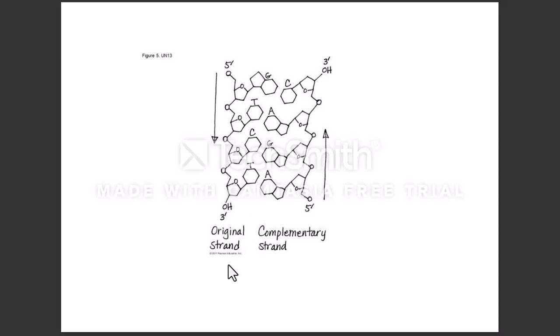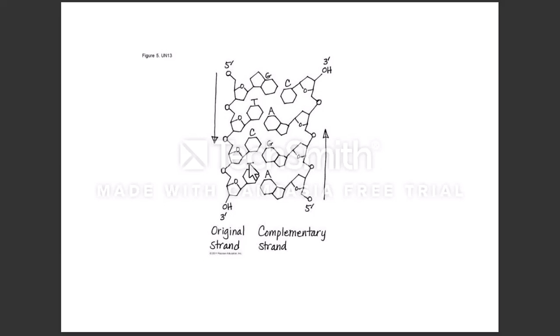Considering that this is the original strand, the complementary strand moves in the anti-parallel direction. The original strand is from 5' to 3', and the complementary strand is in the anti-parallel direction. You can observe the nitrogenous pairs: these are pyrimidines here, and this is a purine here.